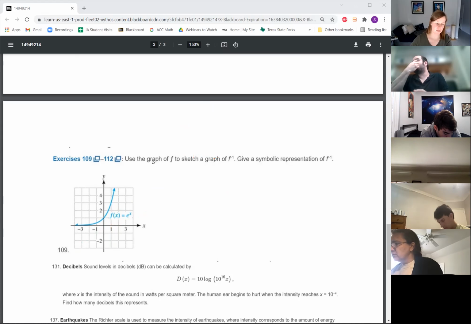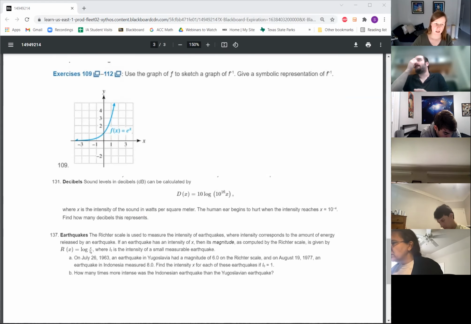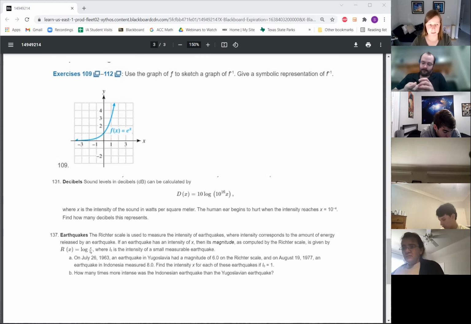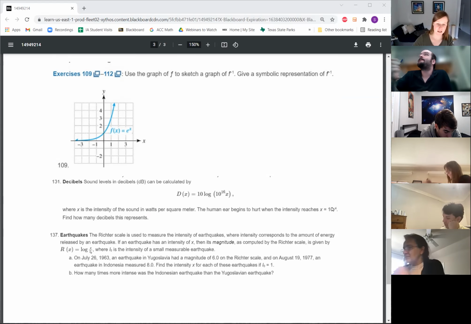All right, so let's move down to 131. Now, I know on the last 2 tests, there's been a lot of people who are struggling with where to put the number on word problems. Sometimes you put it in the x and it's not the x, and sometimes you put it in the d of x and it's not the d of x. So let's take a second here and read this one and figure out where this goes.